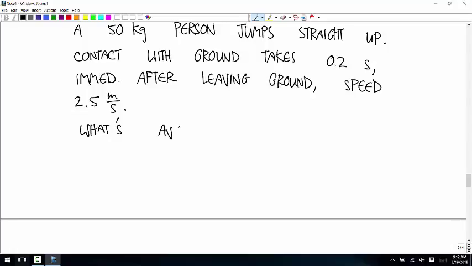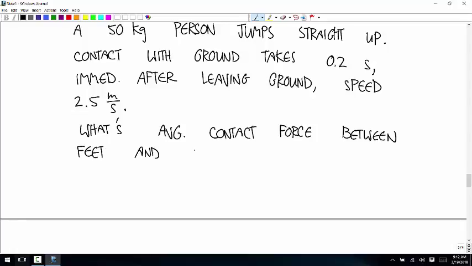What's the average contact force between the feet and the ground? Okay, so see if you can figure that out. Go work on the board.